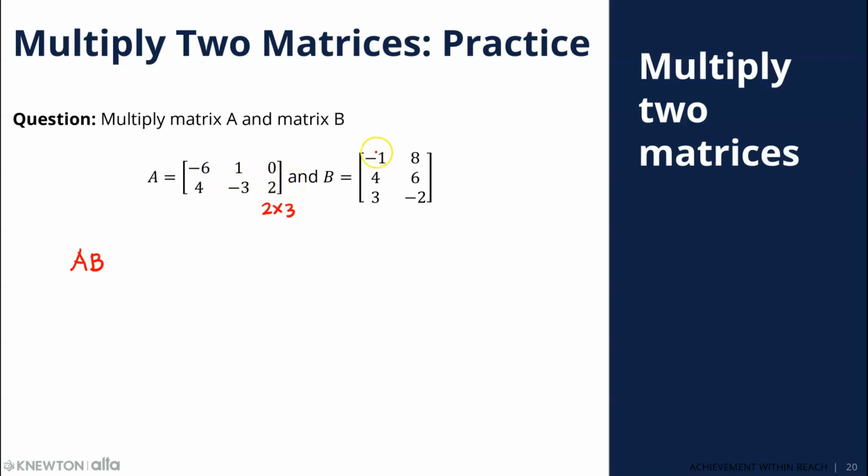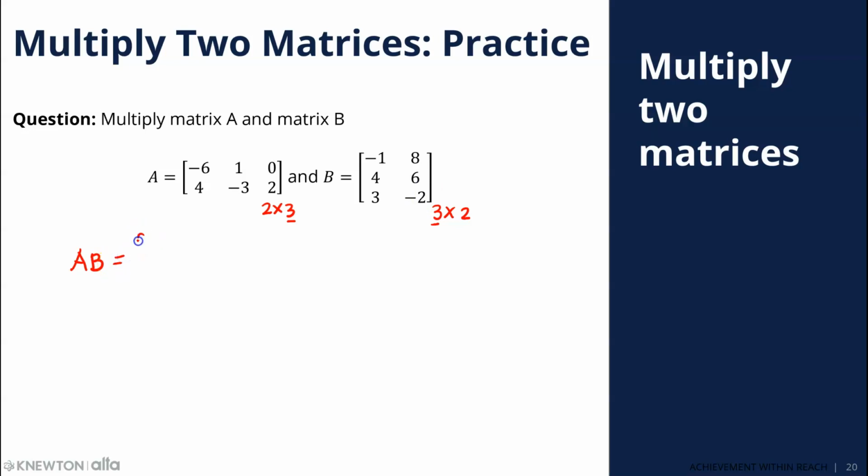And matrix B is a 3 by 2 matrix, 3 rows, 2 columns. Note that the number of columns in matrix A is equal to the number of rows in matrix B. So the product AB is possible.